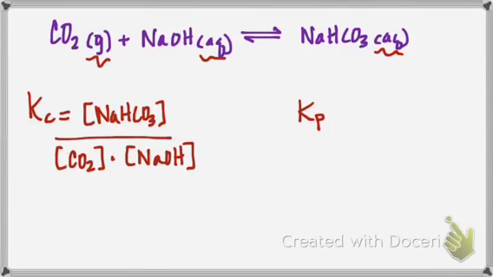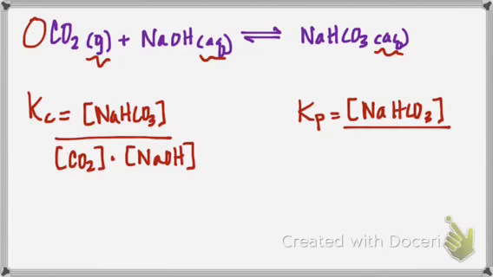And our Kp is going to look very, very similar, but we're still going to put our NaHCO3 in brackets because it's an aqueous solution. The question is what do we do with our gas now in that Kp? Well, remember, there's no coefficient there. So that means that my pressure is just times 1, or it's to the first power.